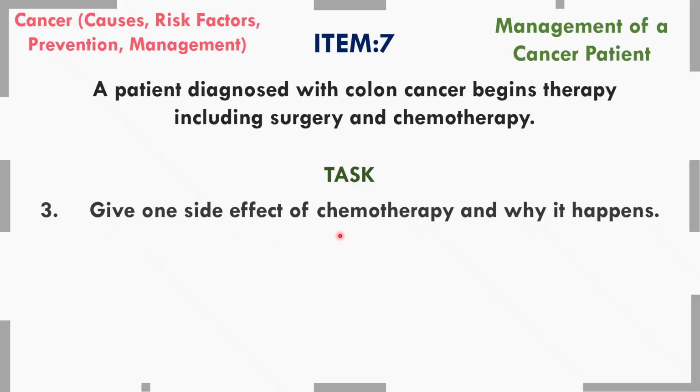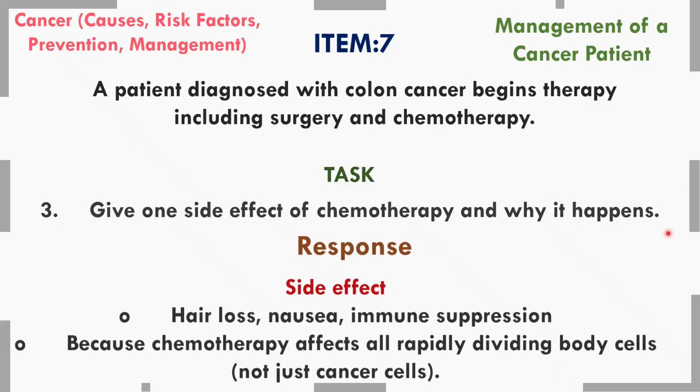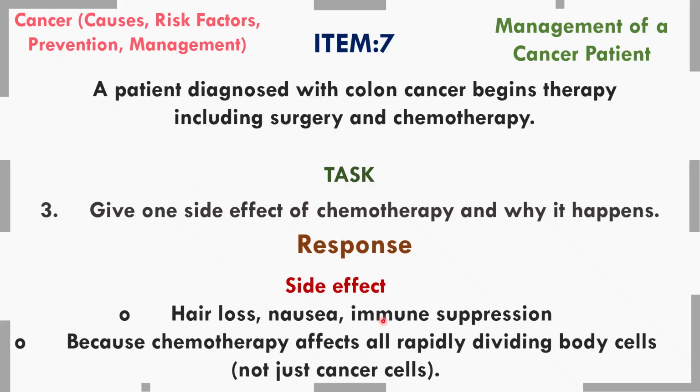Give one side effect of chemotherapy and why it happens. Side effects: there is hair loss, nausea, immune suppression. All this because chemotherapy affects all rapidly dividing body cells, not just cancer cells.